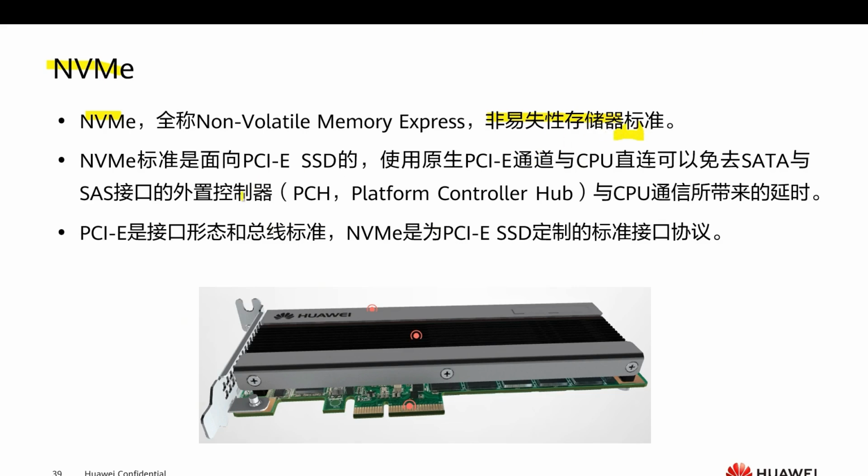From the application layer to SAS, then to the target device's SCSI, only then can a data write be completed with these 4 protocol interactions. For NVMe all-flash, it only requires 2 protocol interactions, from the application layer to NVMe to the target system's NVM. So through this protocol stack, it can be seen that the efficiency of handling write requests is twice as high as that of SAS all-flash.